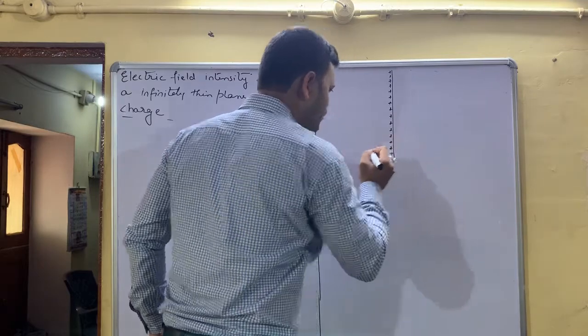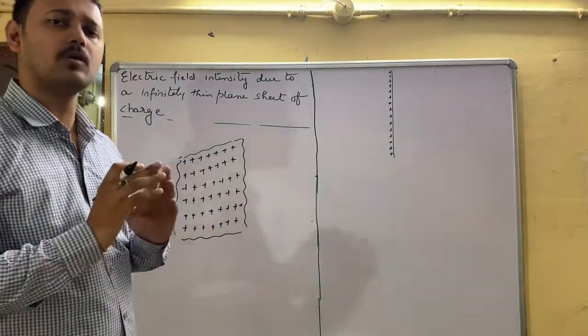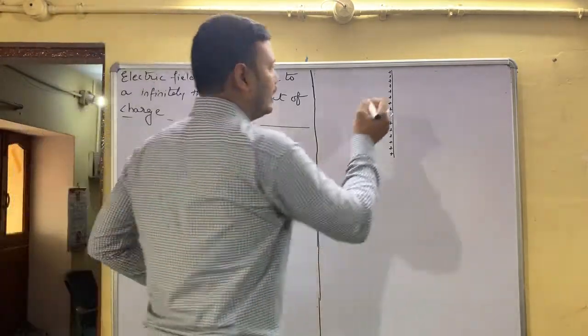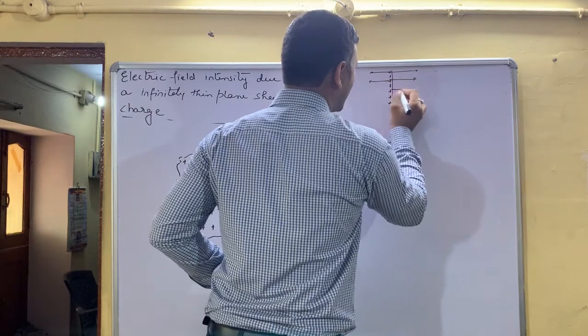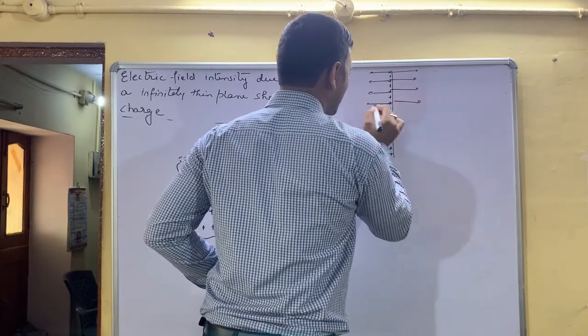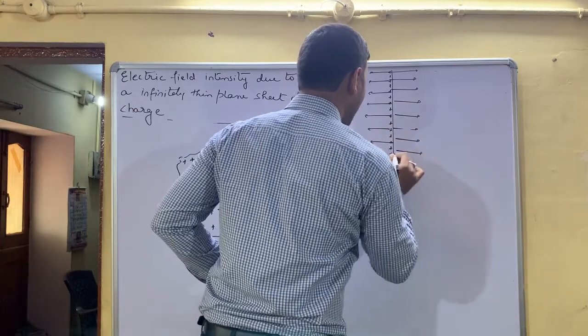So for a positive charge, we notice very clearly that the electric field lines are always radially outward. It should be like this. So we got the electric field lines like this.